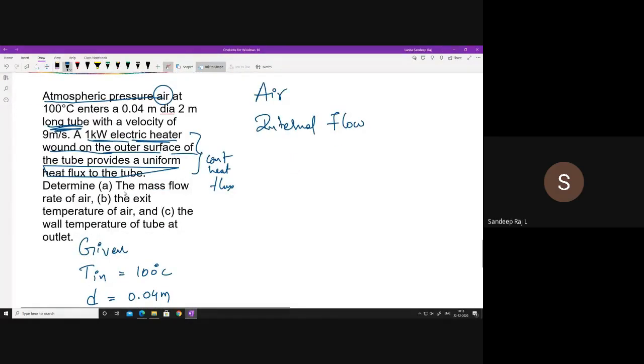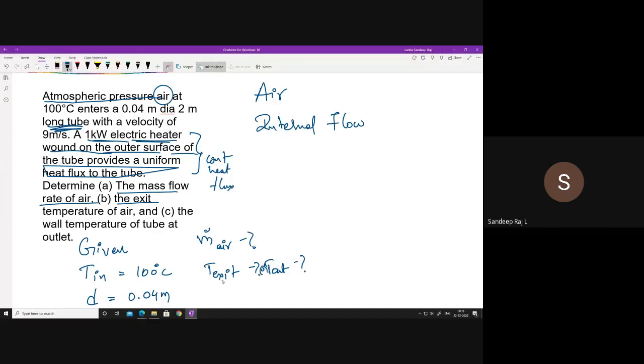And then he's asking you to find the mass flow rate of the air, the exit temperature. Let me write here. M dot of air, what is it? That's the first question. The second question is T exit or T out, what is it? Both are same.